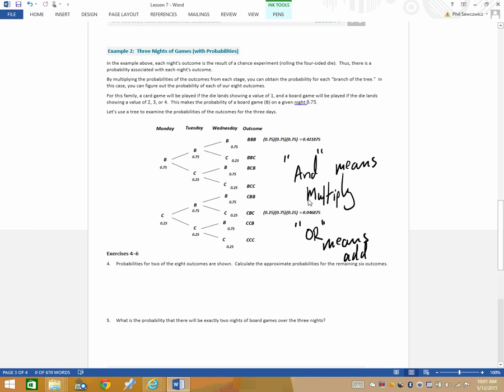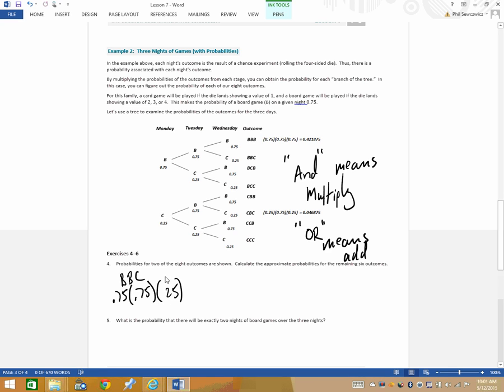So if we want board game, card game, well, the probability of doing board game, card game. The probability of a board game, 75%, and then another board game, well, that's 75%, and then another card game, well, that is 25%. So this is where we reach for our calculator.